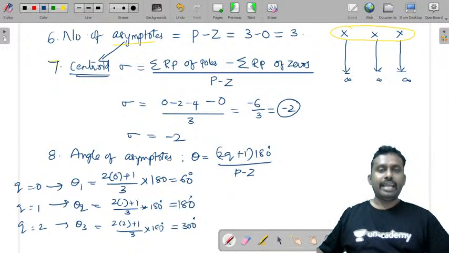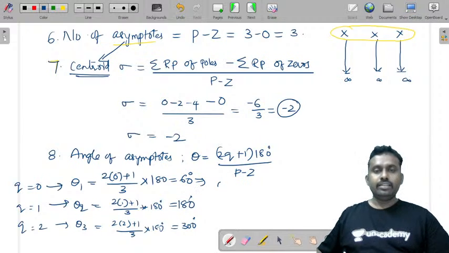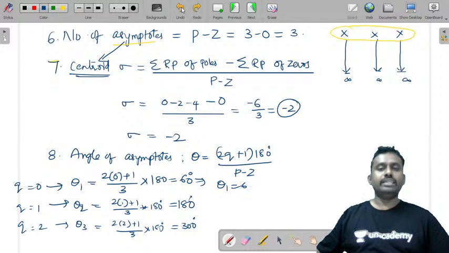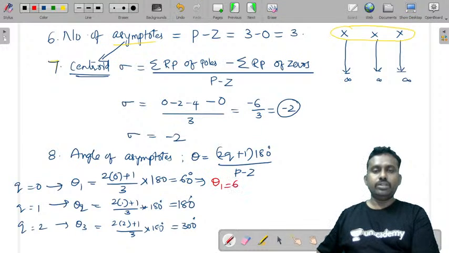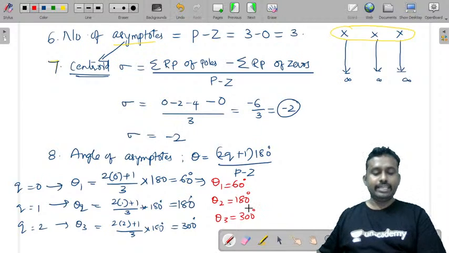So these are the angles. Theta 1 is equal to 60 degrees, theta 2 is equal to 180 degrees, theta 3 is equal to 300 degrees.